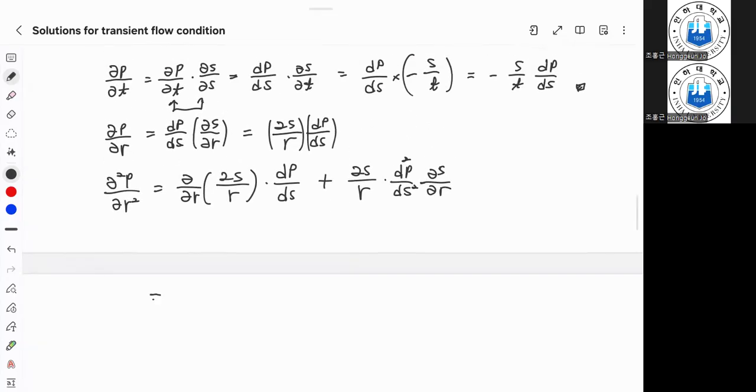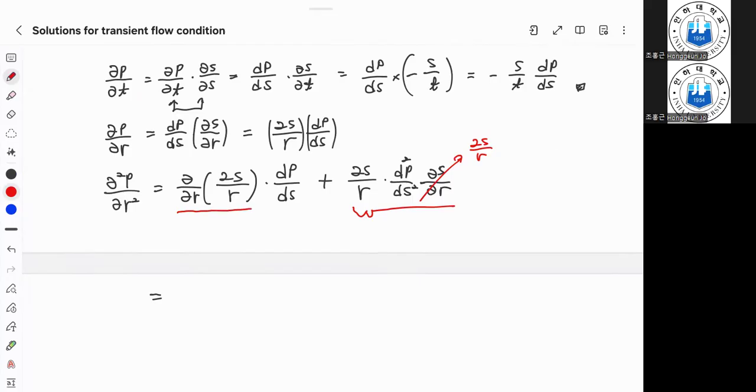If I may continue, we know this one will be 2s over R. So the second term is done. So this part is done. But we need this.